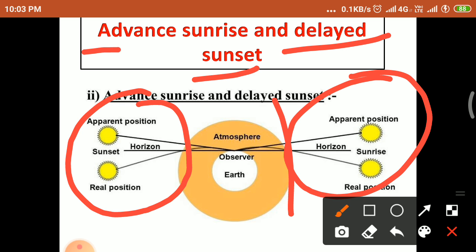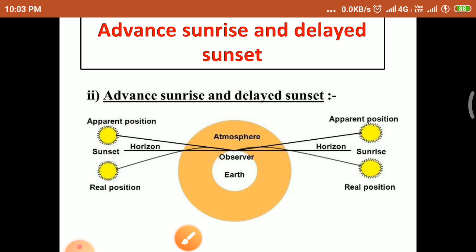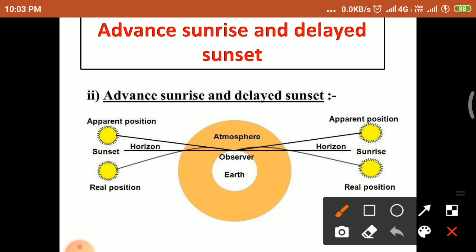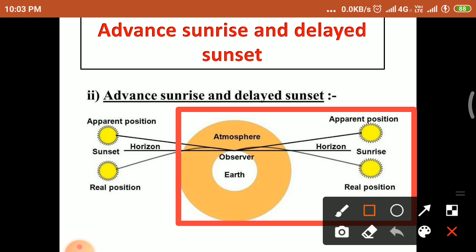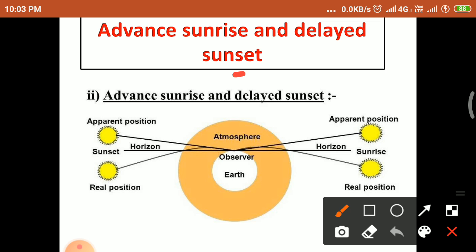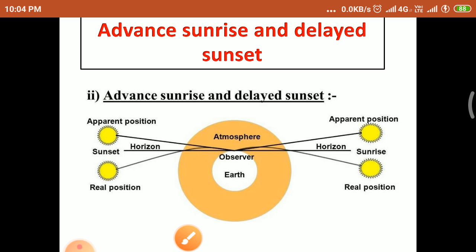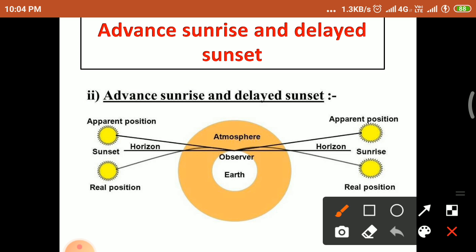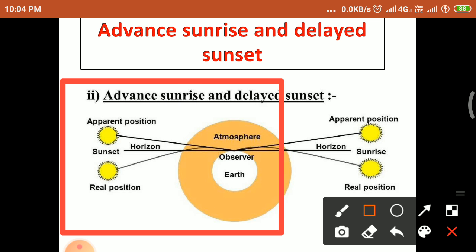If they ask the advanced sunrise, you have to draw this part only. Are you clear? When they ask advanced sunrise, you have to draw this one. If they ask delayed sunset, you have to draw this.